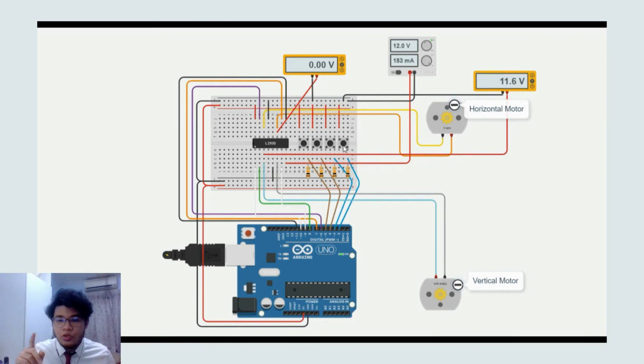For the horizontal motor, there will be buttons controlling forward and backward, and for the vertical motor, there will be another 2 buttons controlling up and down, in the vertical direction. As you can see, they are moving accordingly, and I also provided a multimeter just to see if they are working properly.